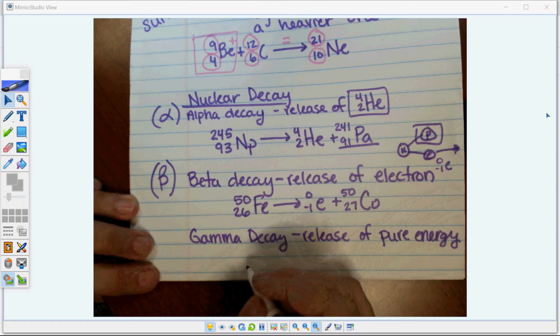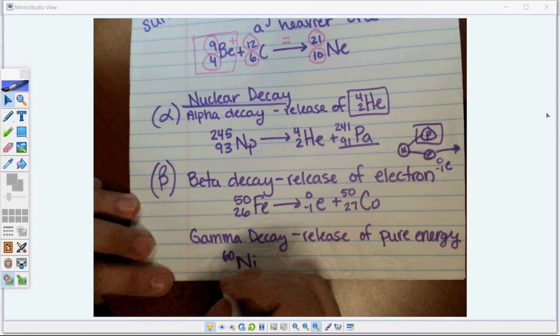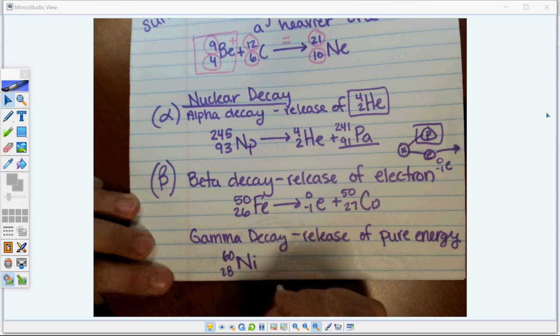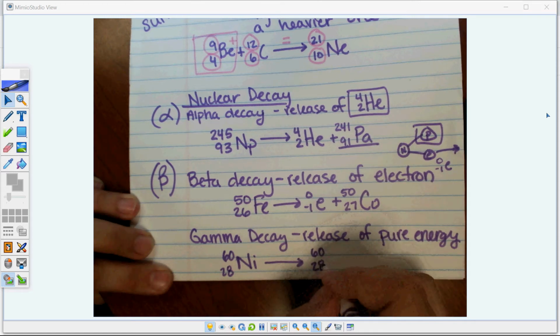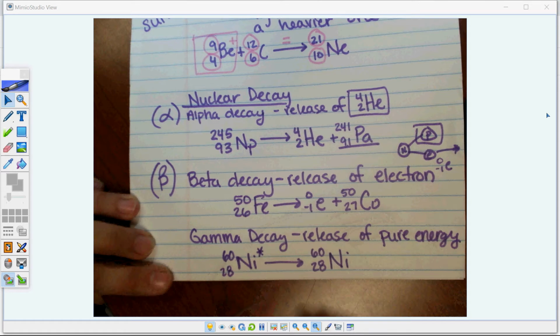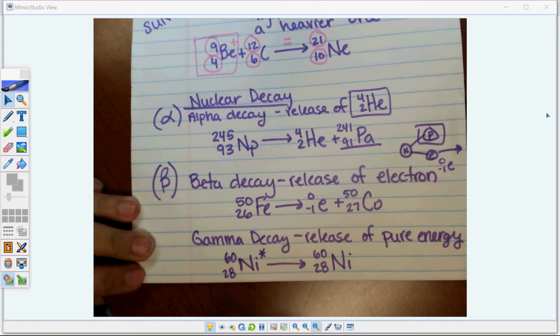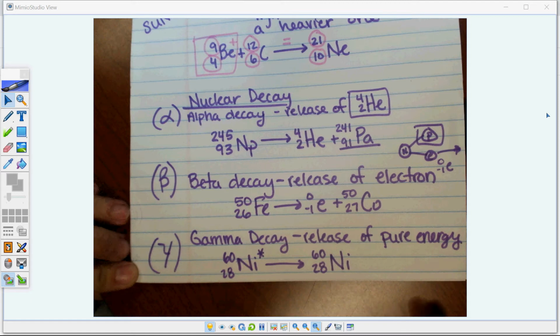So if I got something undergoing gamma decay, the way I have to indicate that, because there's no change in mass, there's no change in the number of particles, so the stuff on the right side of the arrow looks the same as the stuff on the left side of the arrow. But I put a little asterisk up there to show that's how I indicate something's undergone gamma decay. And gamma is like a weird looking Y thing for its letter.